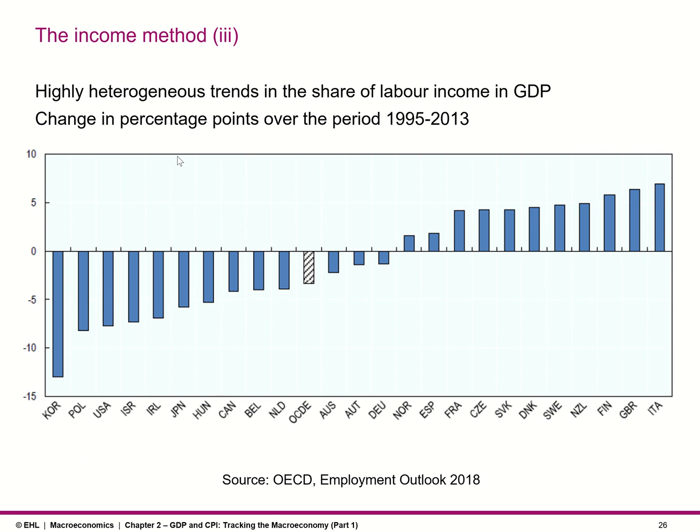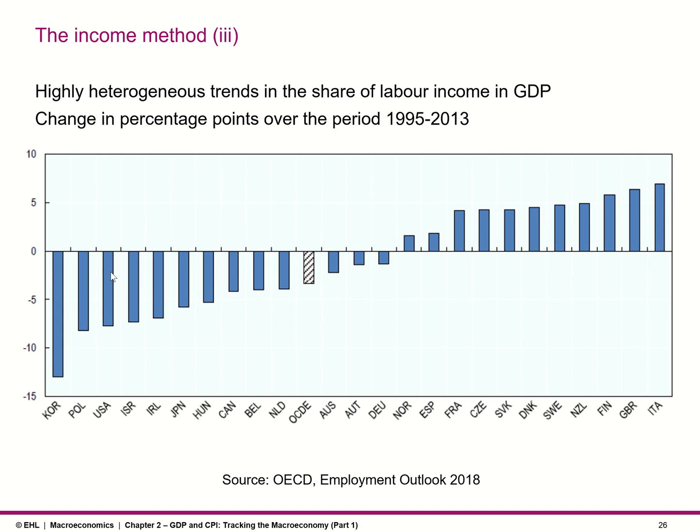Let's have another look at something different here. This is again the share of labor income in GDP, and how it has developed between 1995 and 2013. Let's take the example of the USA, for instance.